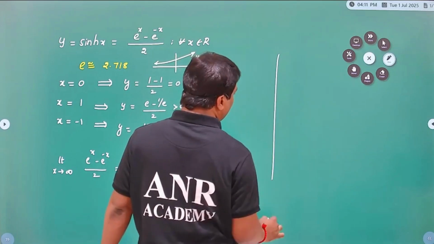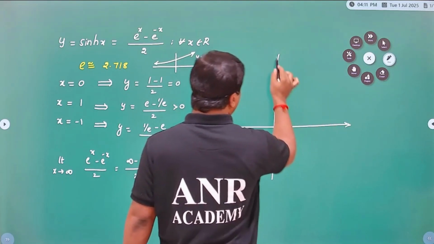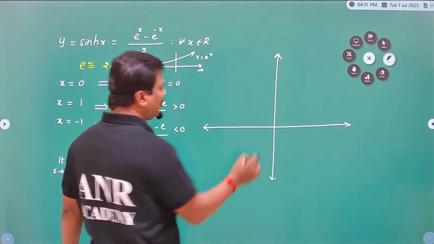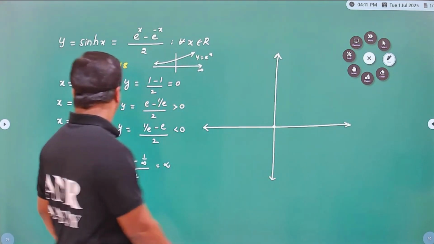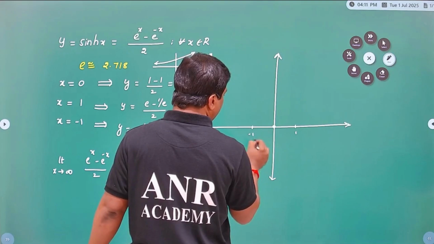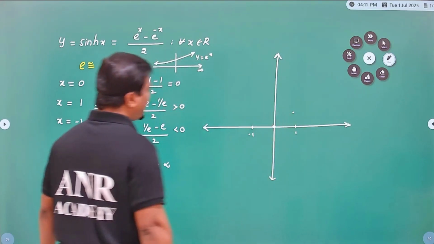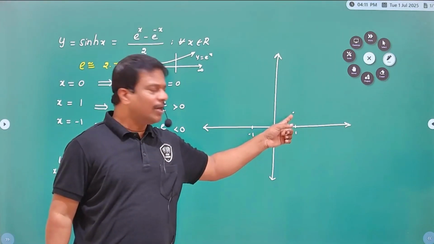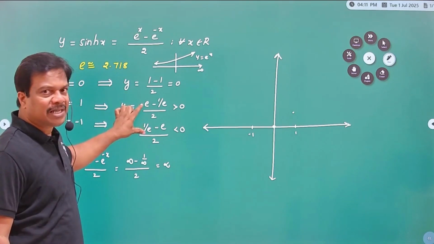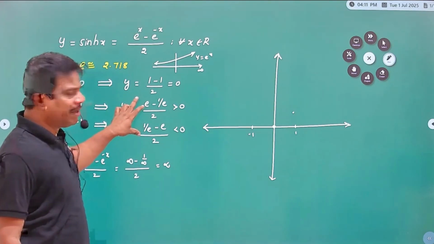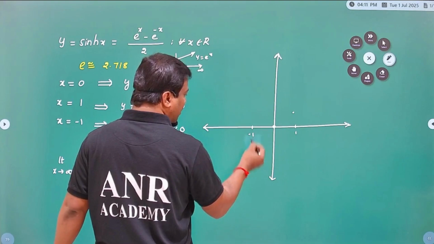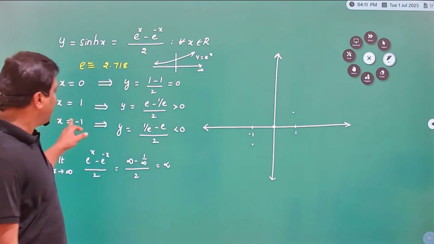Now I can draw the graph of sin hx. Clearly, the graph passes through the origin 0, 0, one point here. Next, for x equal to 1, it gives a positive quantity, so I am going to plot the point above the x-axis. Here, these two are of the same quantity but opposite in sign, so here I am going to mention another point at x equal to minus 1.